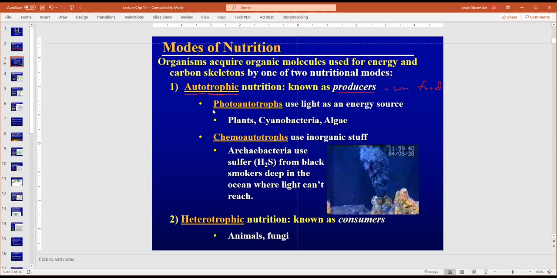And that could be using sunlight, which is photo as light, like photography. So there's photoautotrophs, and they use light as an energy source. I'm sure you know many examples of this. We've talked about plants. We've talked about cyanobacteria in chapter 1, and algae as well when we were doing classification.